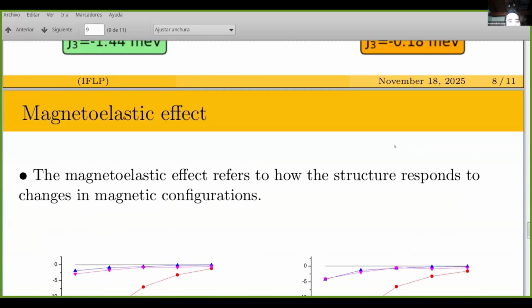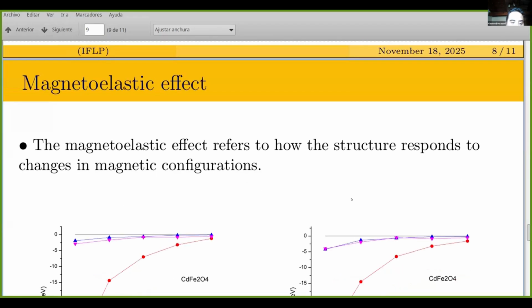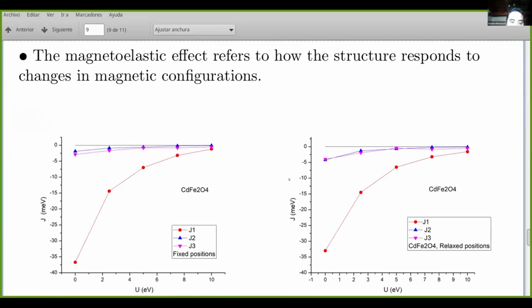And then here, the magnetoelastic effect. The magnetoelastic effect refers to how the structure responds to a change in the magnetic configuration. Here we can see for cadmium chromite the behavior of the coupling constant J in the fixed atomic position case.